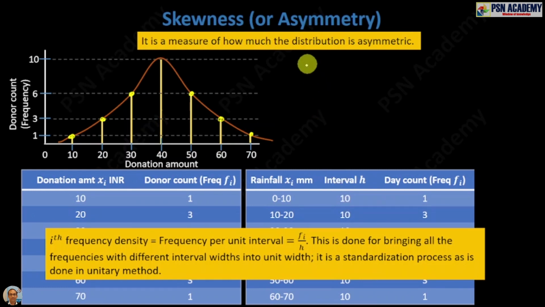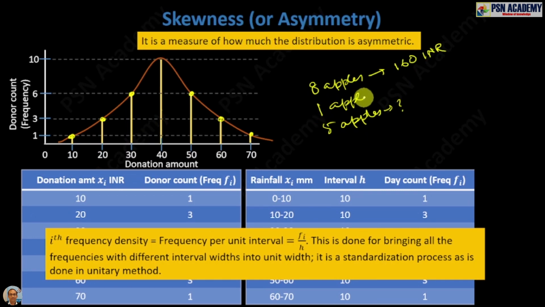For example, say you have 8 apples, and these 8 apples will cost you 160 INR, right? Now, if I ask you what will be the cost of 5 apples, what do you do? You take one apple, and how much does it cost?